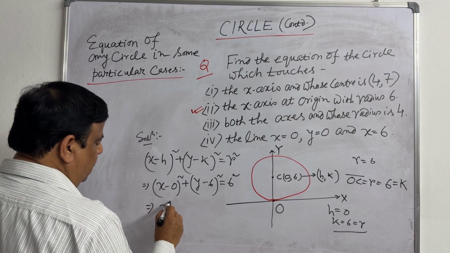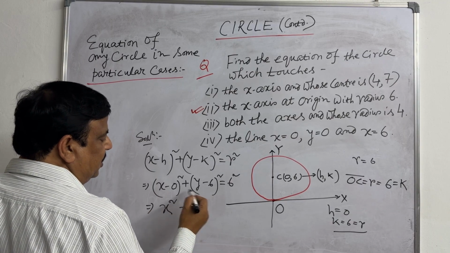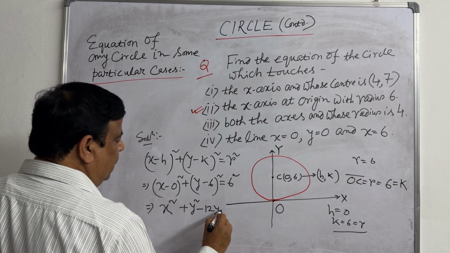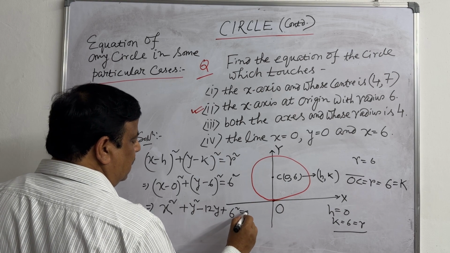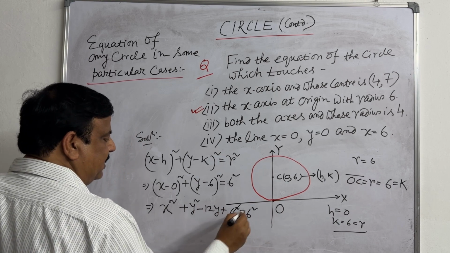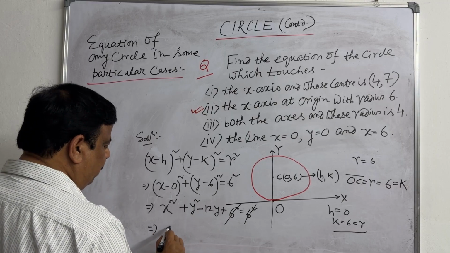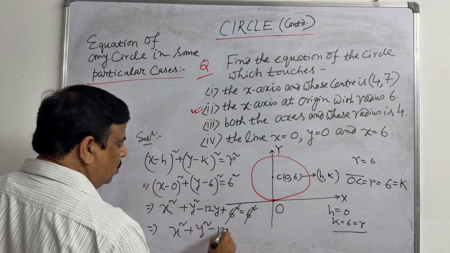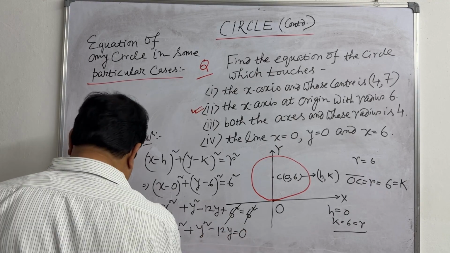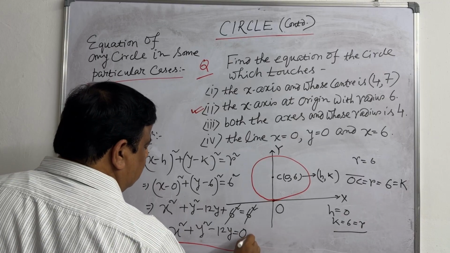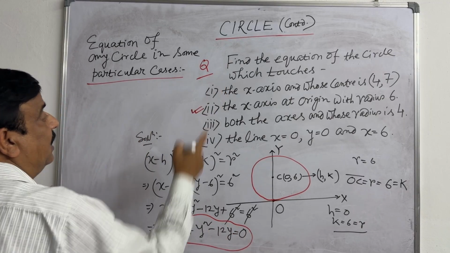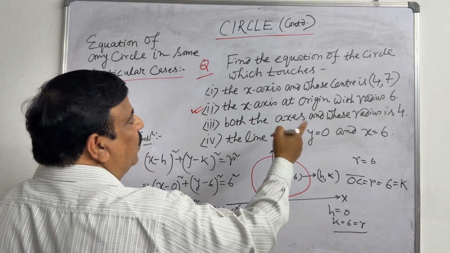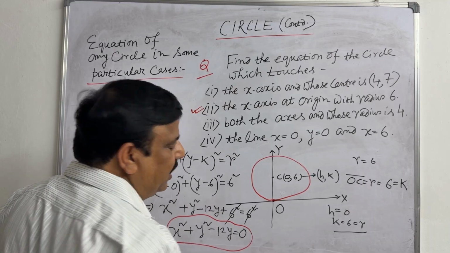So this is x square plus, using a minus b whole square, y square minus 2 into 6 into y plus 6 square, that is equal to 6 square. 6 square cancels each other. So the final equation is x square plus y square minus 12y, that is equal to 0. So this is the equation of the circle which touches the x-axis at origin with radius 6. Okay, clear?